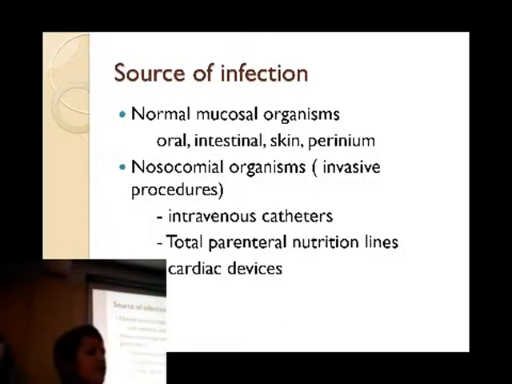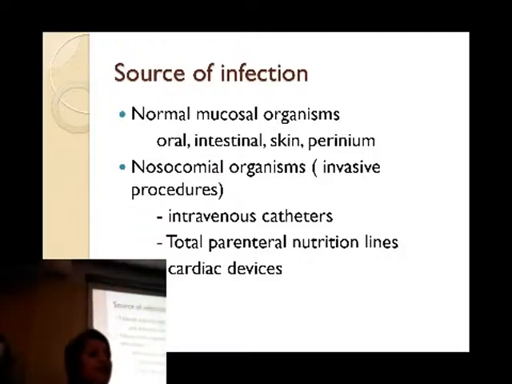The second category is nosocomial organisms, especially in people who undergo invasive procedures such as intravenous catheterization, total parenteral nutrition therapy, or any cardiac device insertion procedures. These cause a high incidence of nosocomial acquired infective endocarditis in the community.